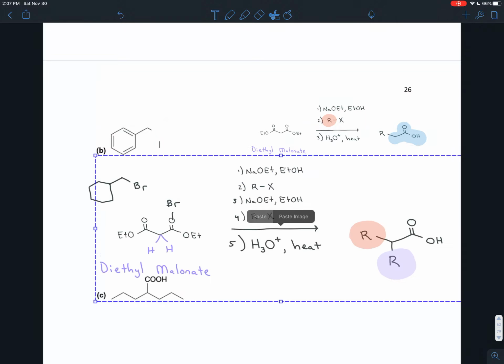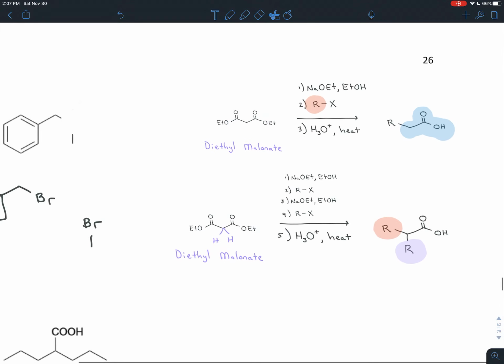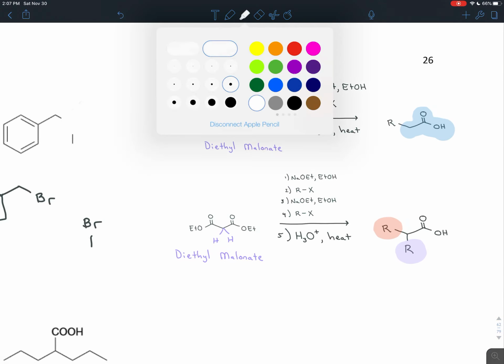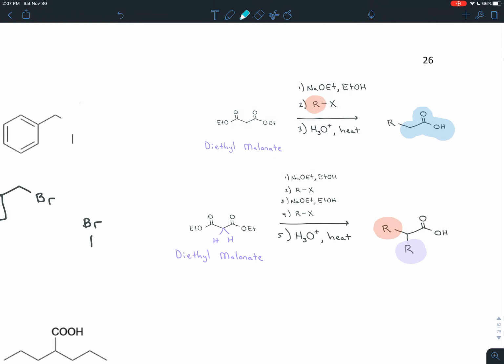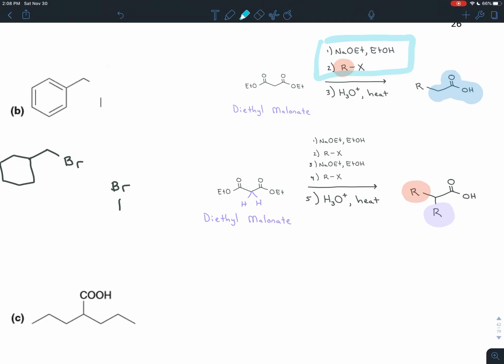So instead of just having those 3 steps, we're going to do these 5. And notice the difference here. Instead of these first 2 steps, where we create the nucleophile in the alpha carbon and do an SN2 reaction with it, we do that twice. And that allows us to do 2 SN2 reactions and add 2 carbon chains. Our 2 carbon chains over here. And so we can add these 2 carbon chains separately.